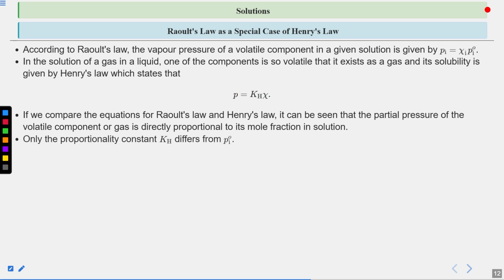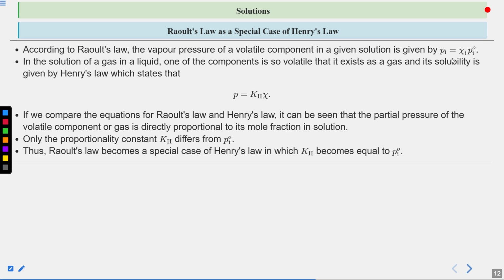So we can say that these two equations can be written in a more general way as pressure is directly proportional to mole fraction. Now depending upon the phase or the components, we can take the Henry constant or the vapor pressure of the pure component. Hence Raoult's law is nothing but a special case of Henry's law, where your Henry constant is equal to the partial pressure of the pure component 1.